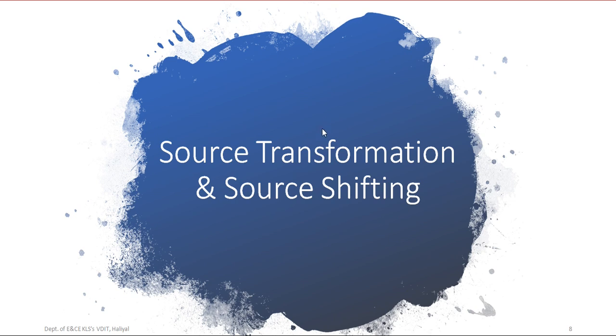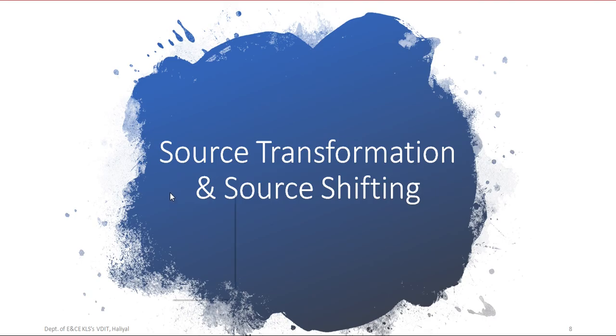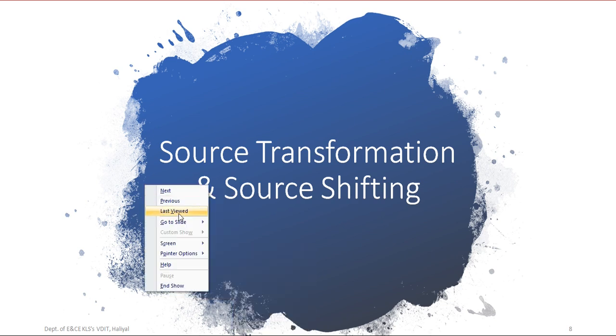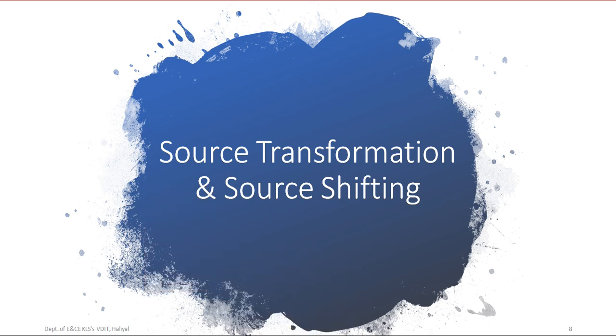First, what is source transformation and why is it required? Source transformation is nothing but, in a given circuit, we are able to convert a voltage source into an equivalent current source, or vice versa, that is, a current source can be converted into a voltage source.